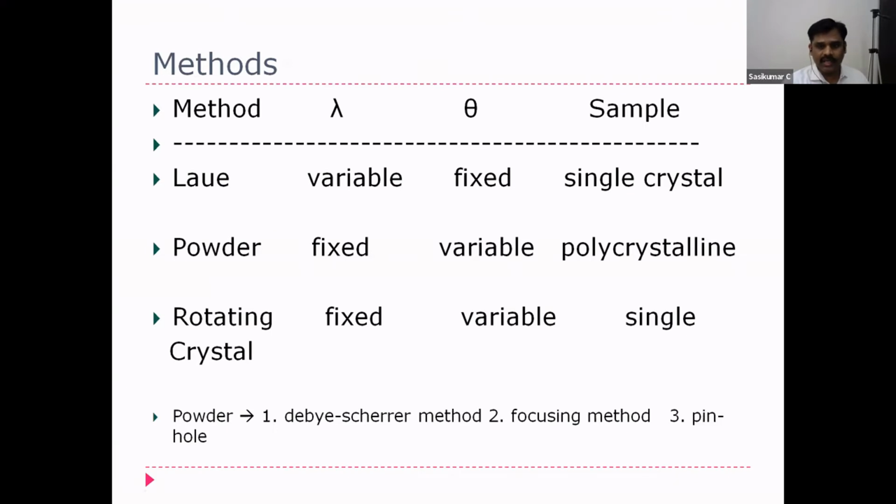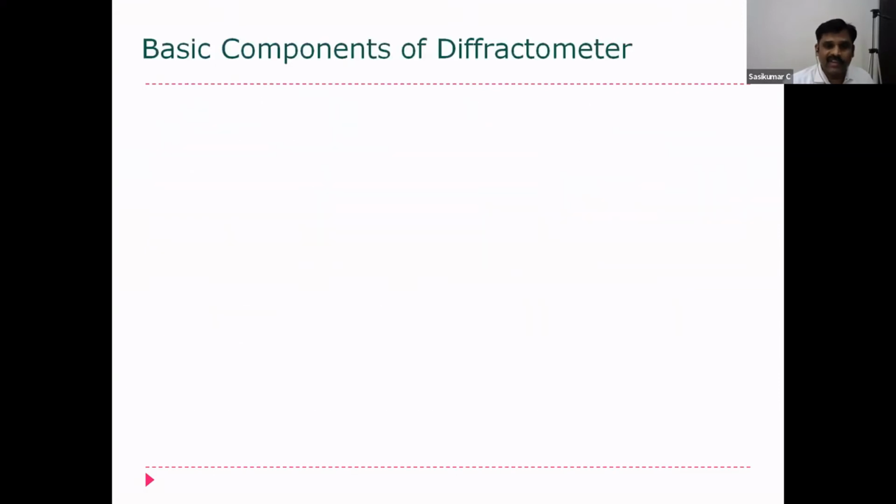Vary the theta and make different planes incident with your X-ray and get the diffraction pattern. This is the powder diffraction method. In the case of the rotating crystal method, you can use a single crystal, fix the lambda and vary the theta. That is another method. So there are various techniques for X-ray diffraction.